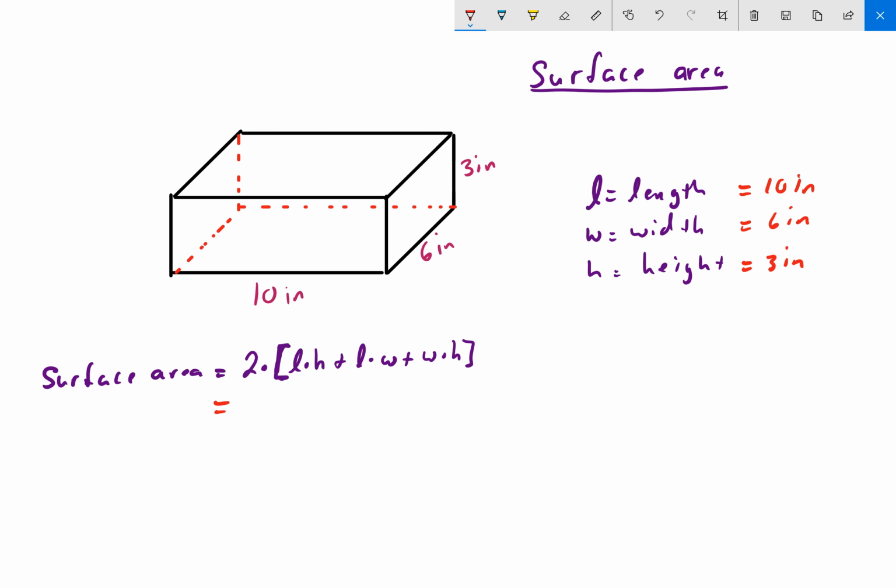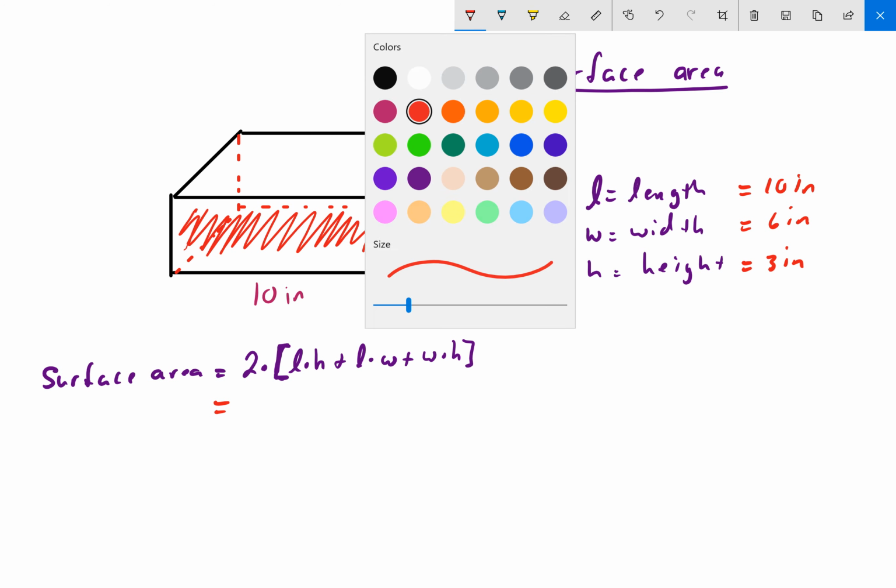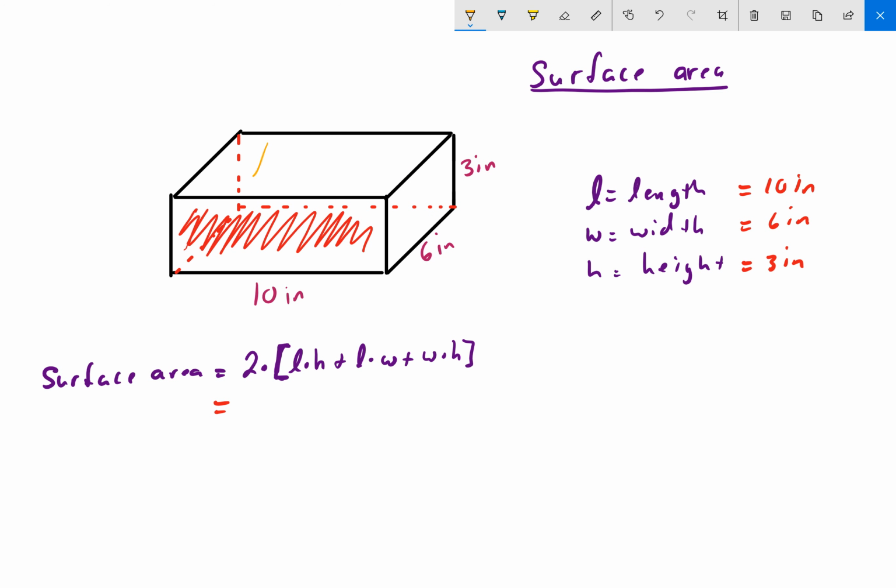I just said that you have the front and back of the box. Here's the front of the box, and then the back of the box is here. Well, that is going to be the length times the height.